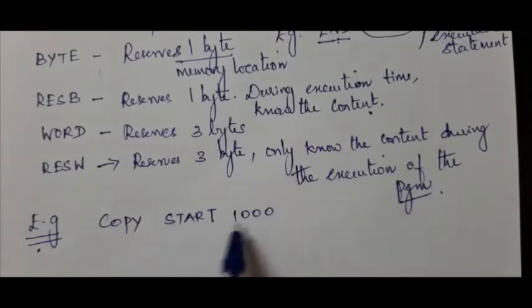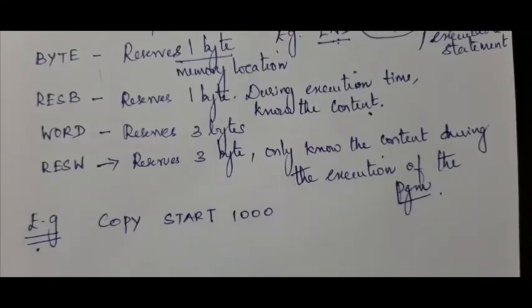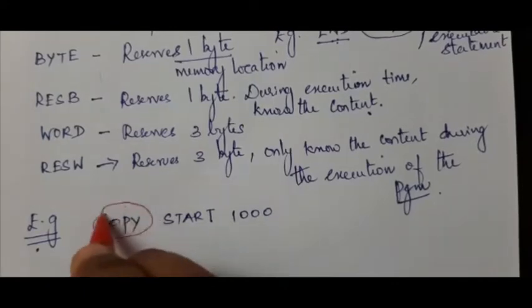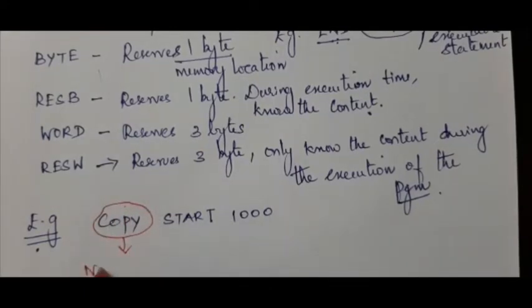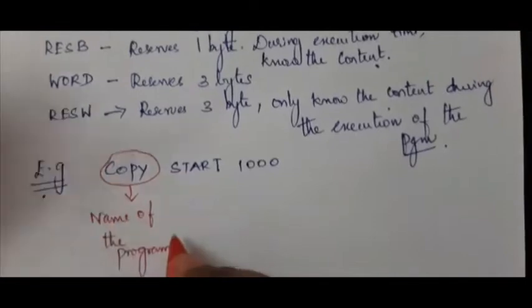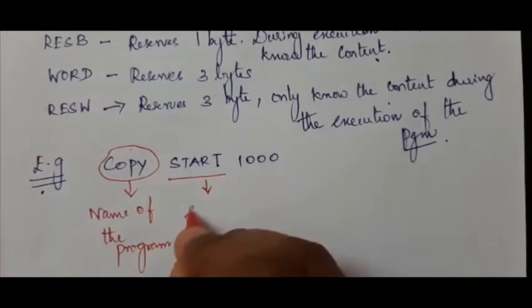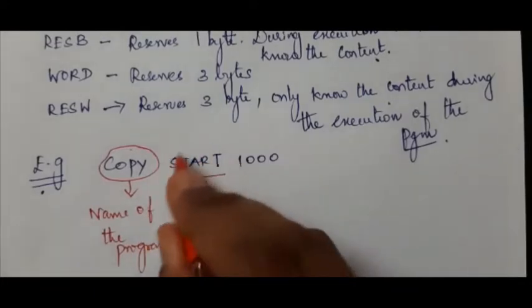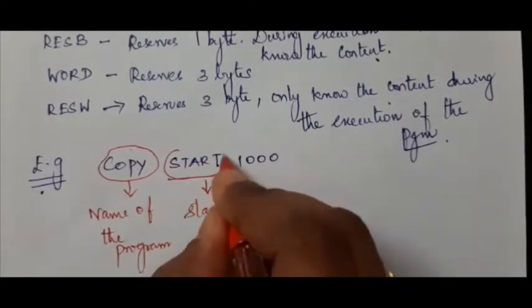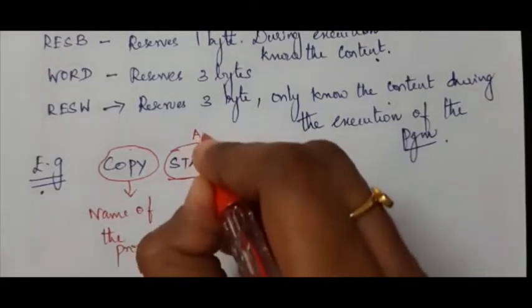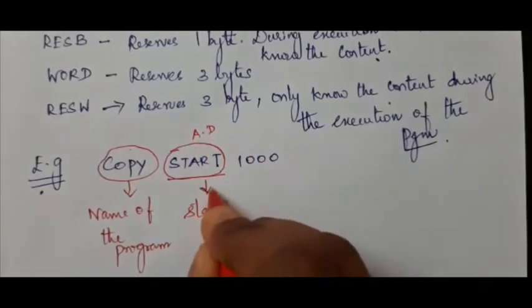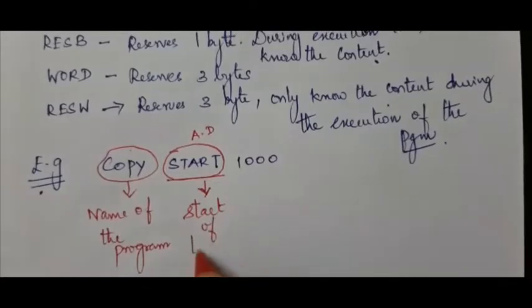This COPY is nothing but the name of the program, the assembly program. START is an assembler directive, it specifies the start of the program. I hope you are getting what I mean to say.